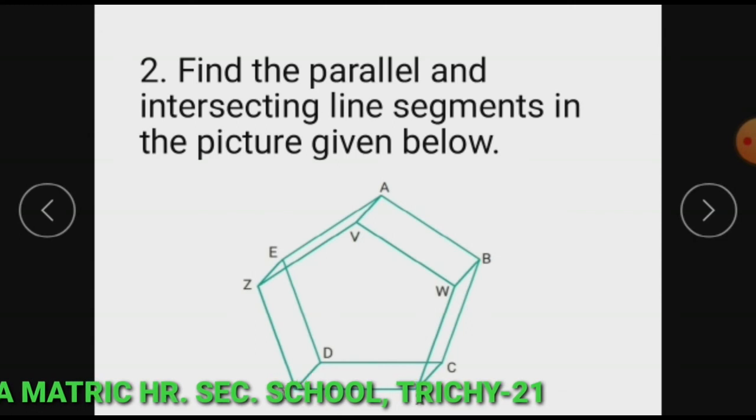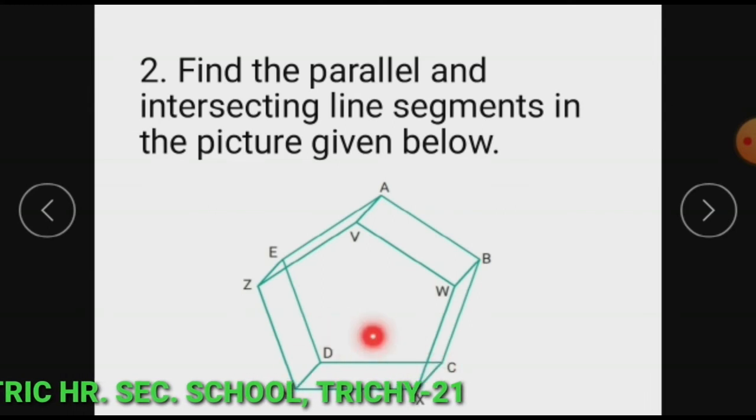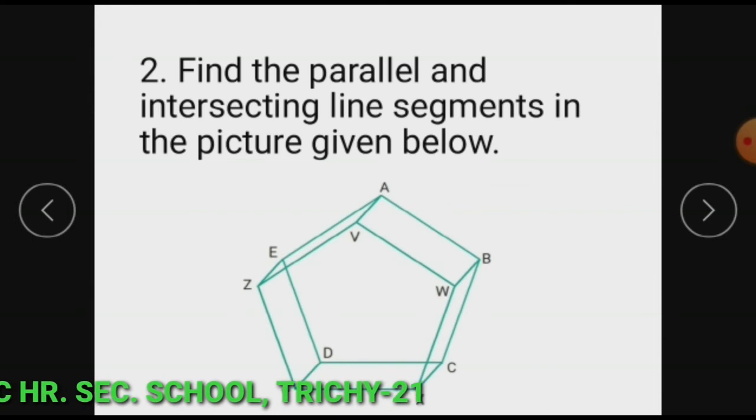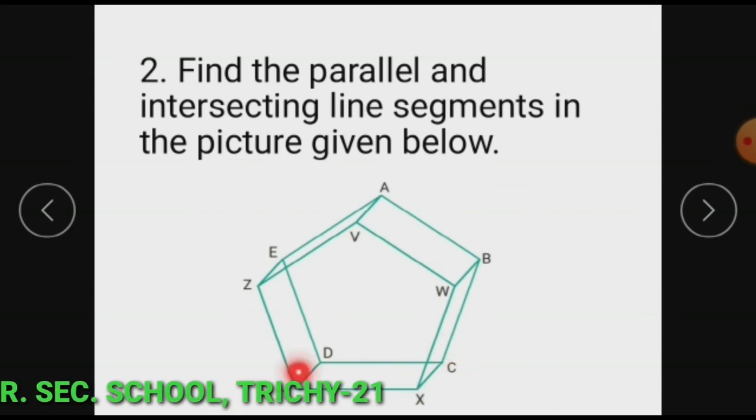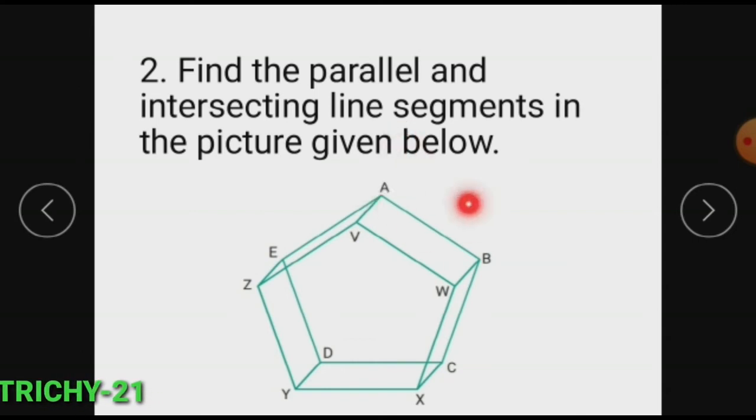The parallel lines given in this figure are YZ and DC, YD and XC, YZ and DE, YD and ZE, ZV and EA, ZE and VA, VW and AB, VA and WB, WB and XC, WX and BC.